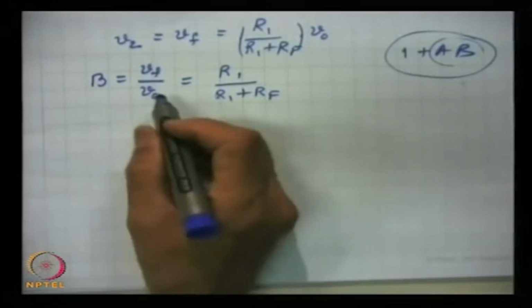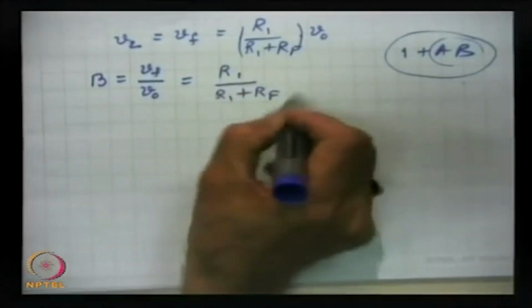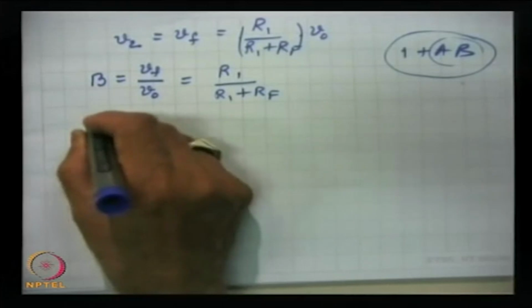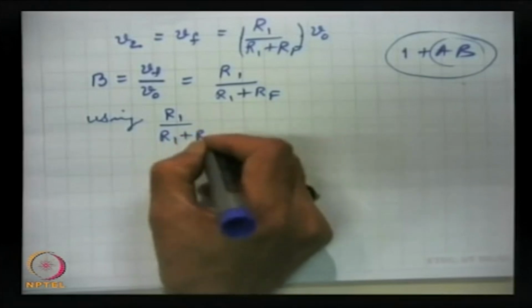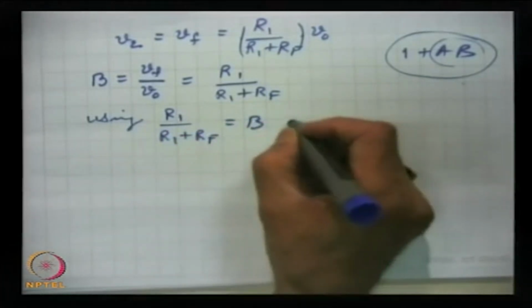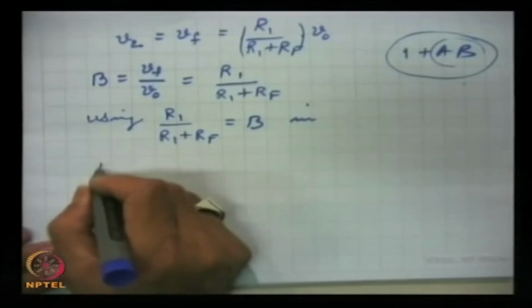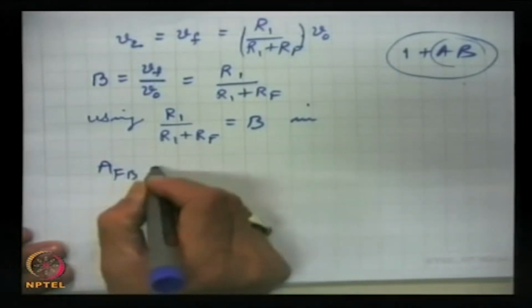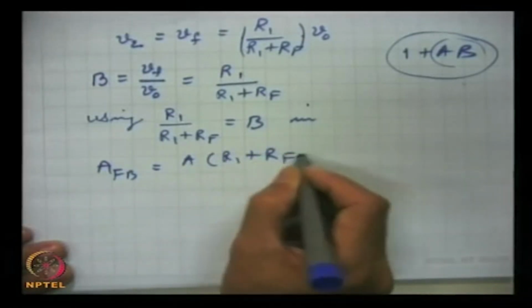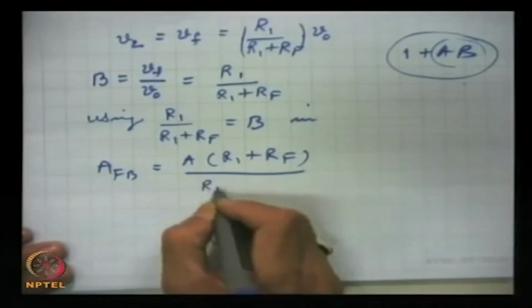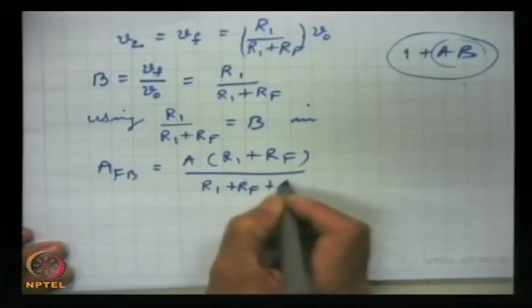This is the gain of the feedback network, and using this expression, using R1 plus Rf equal to B in the AFB exact equation, which was A R1 plus Rf, R1 plus Rf plus A R1.